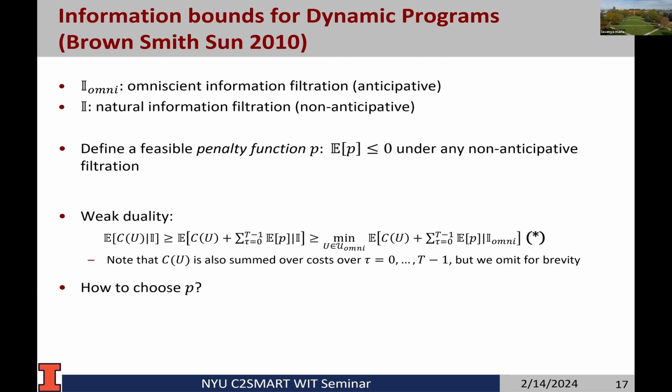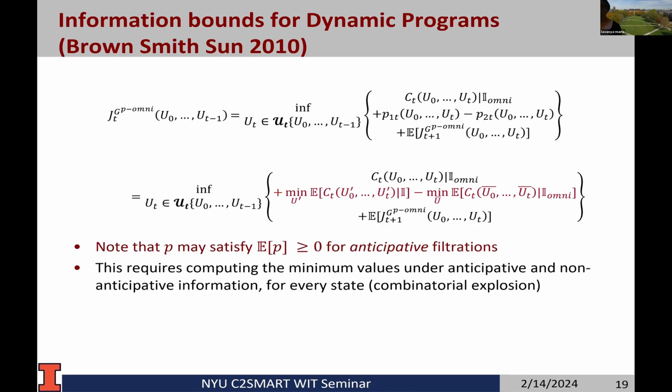It was originally proposed by Brown, Smith, and Sun, but the approach that they proposed involved state enumeration and dynamic programming, which turned out to be impractical for the kind of stochastic, dynamic, integer programs that we are interested in. So essentially what we said was, okay, we have a nice method, but we're going to expand it. We're going to do something cleverer.